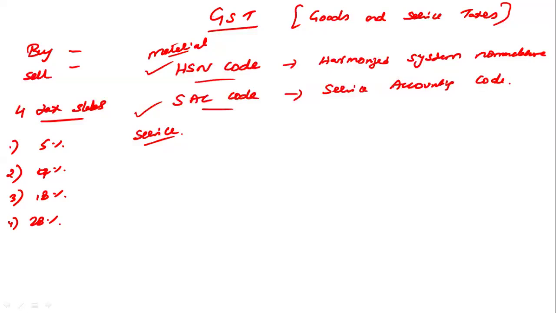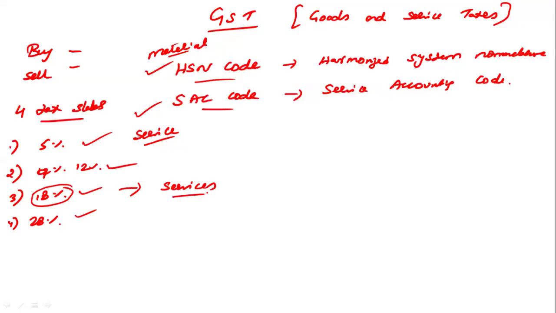Now here you have 5%, 12%, 18% and 28%. The 18% is dedicated to services. Whenever you buy a service, it is always going to be 18%. Whenever you purchase or sell material, it is going to be 5%, 12%, 28%, or 9% also.